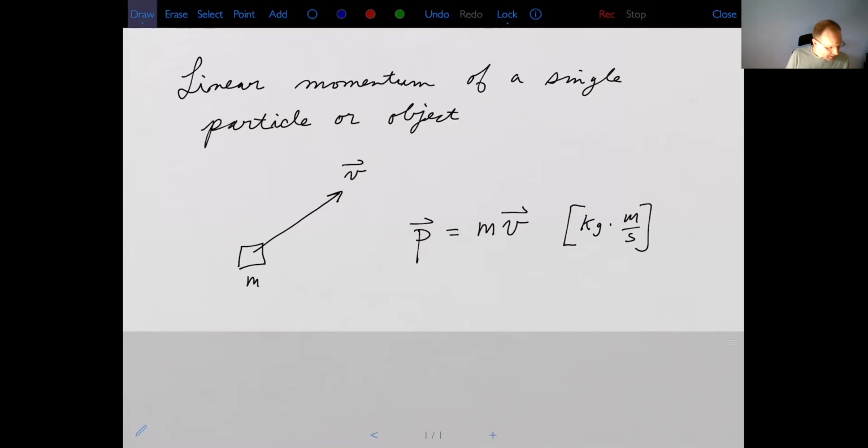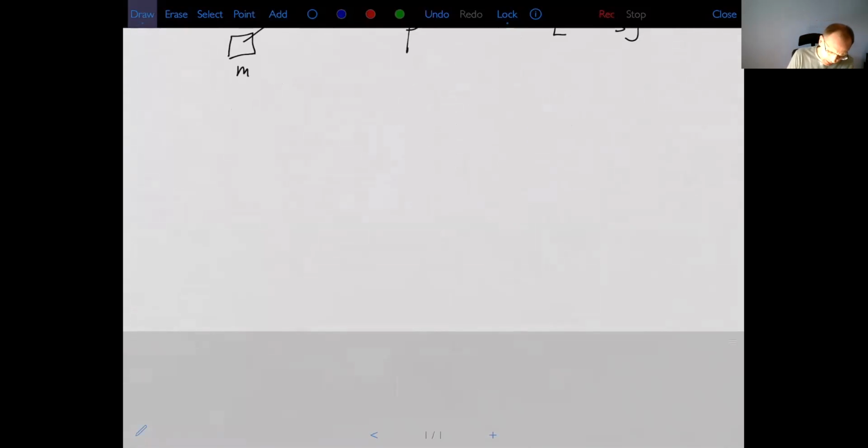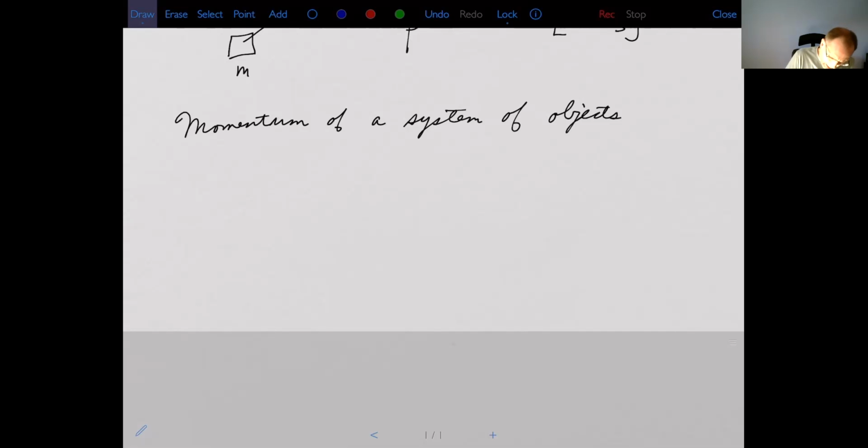What if we have a system of objects? So now I want to look at momentum of a system of objects. So let's say I have M1. It has a velocity in this direction, call it V1. Let's say I have M2.